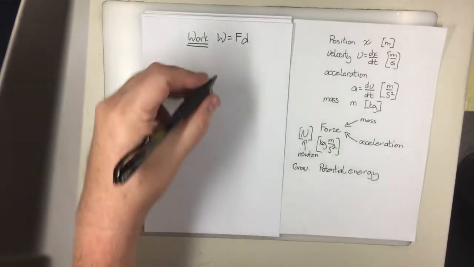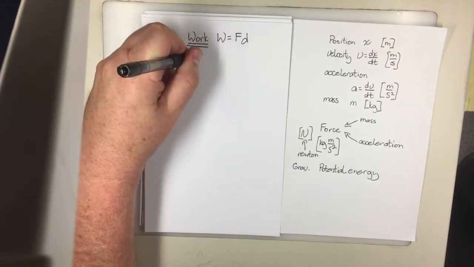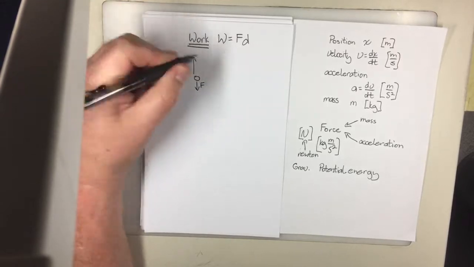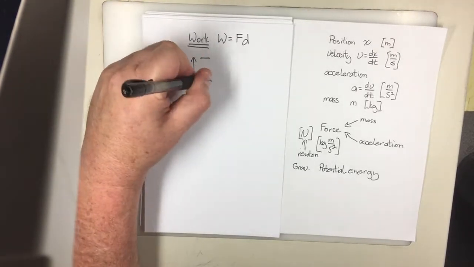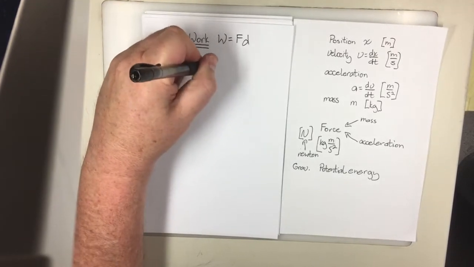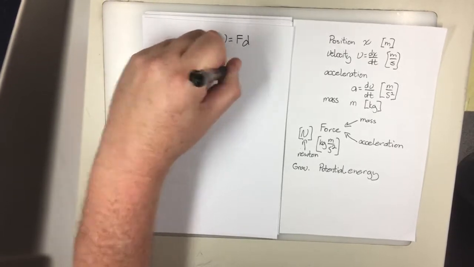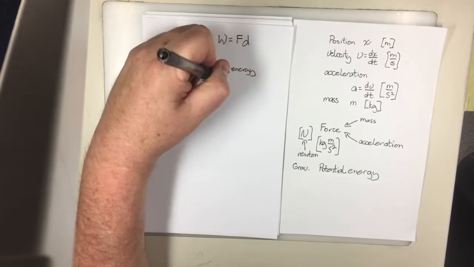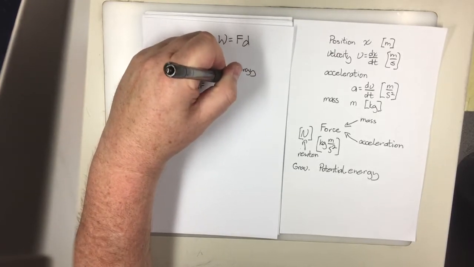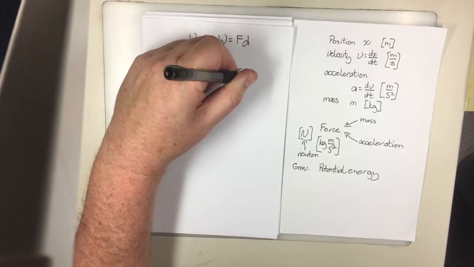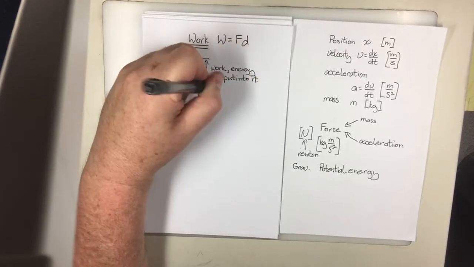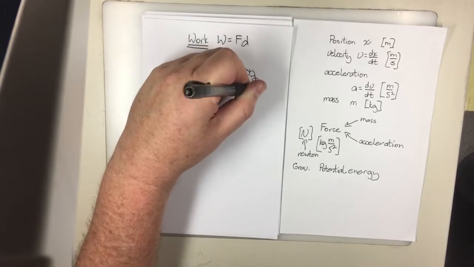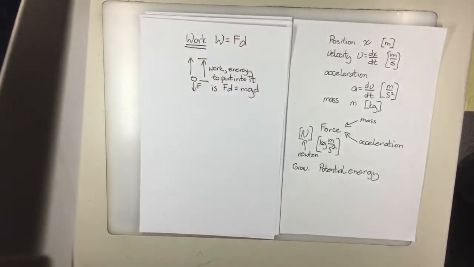So if you have an object that is lifted up and you're overcoming a force F, the work or the energy needed is mgd.